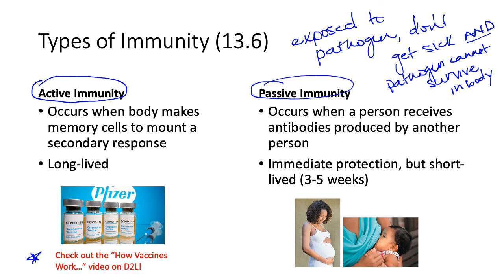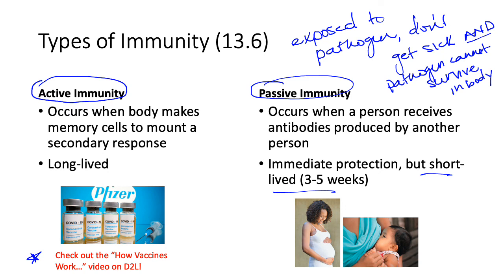immunity. Babies can also receive antibodies and protection through breast milk, which is partially why breastfeeding is super important, especially in the first few months of a baby's life, because their immune system is not fully functional yet. You get immediate protection from this, which is great, but it's very short-lived. It only lasts 3 to 5 weeks. Those antibodies do degrade and need to be replaced.